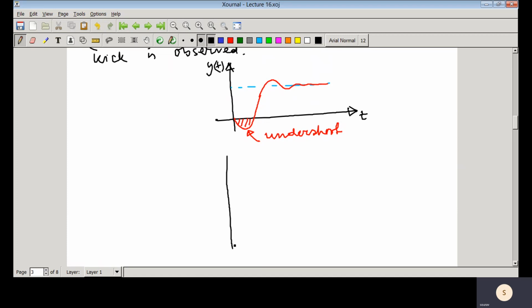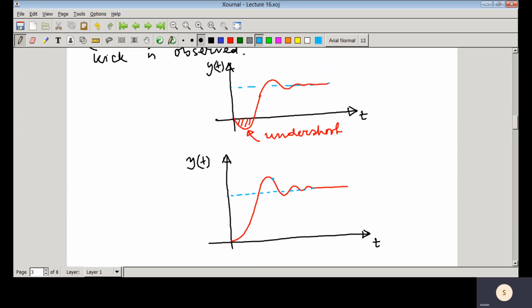Let us see what happens whenever we introduce a 0 to the second order system. This is y(t), and this is the standard second order system with no 0.